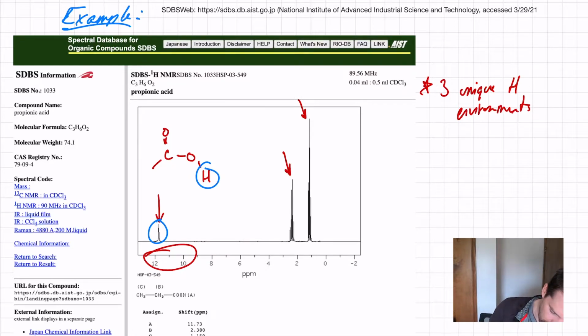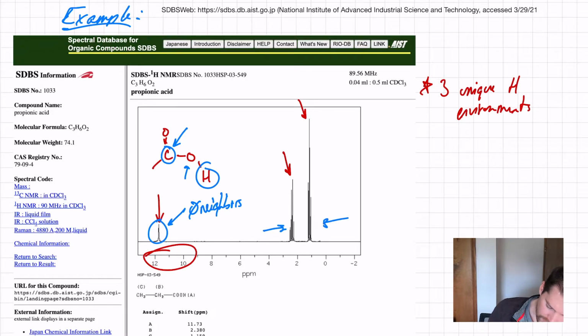This signal only has one peak in it, so I know it has 0 neighbors. If we look at the adjacent carbon atom it is bonded to, there are no hydrogens bonded to it. So that makes sense.